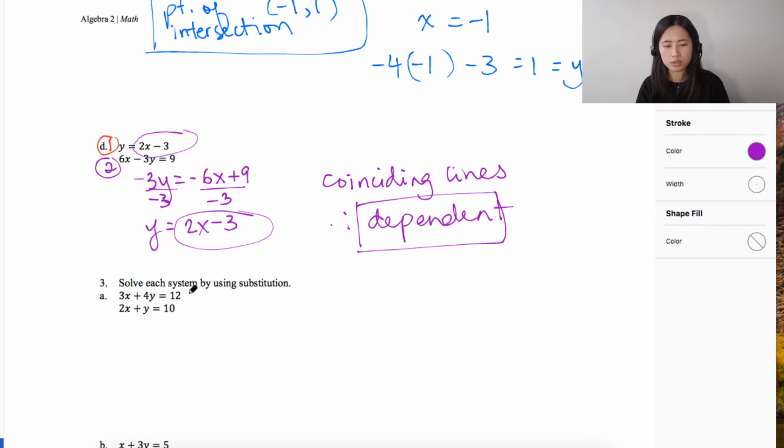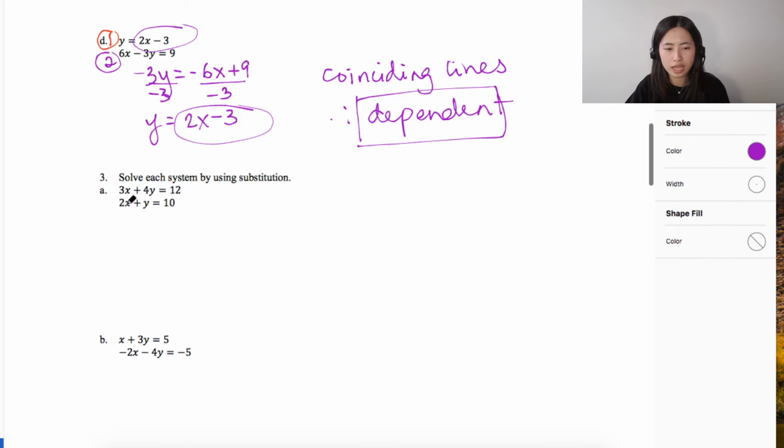So whenever we're trying to substitute, here's the thing, it's not too bad. I know a lot of students just get overwhelmed and start asking me, so what are you supposed to start with? Is it looking for y or x? It really depends. If you look at this question, the first equation is 3x plus 4y is equal to 12, and the second one is 2x plus y is equal to 10.